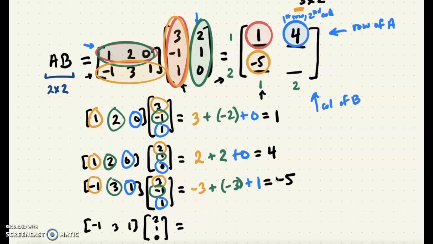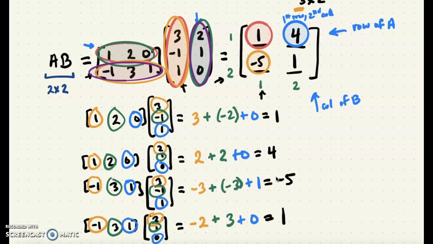Okay, so we'll do negative 1 times 2, that gives us a negative 2, plus 3 times 1, that gives us a 3, plus 1 times 0, which gives us a 0. So we add these up and we get 1. Last entry here, when we multiplied the second row of A times the second column of B, we get this entry here.